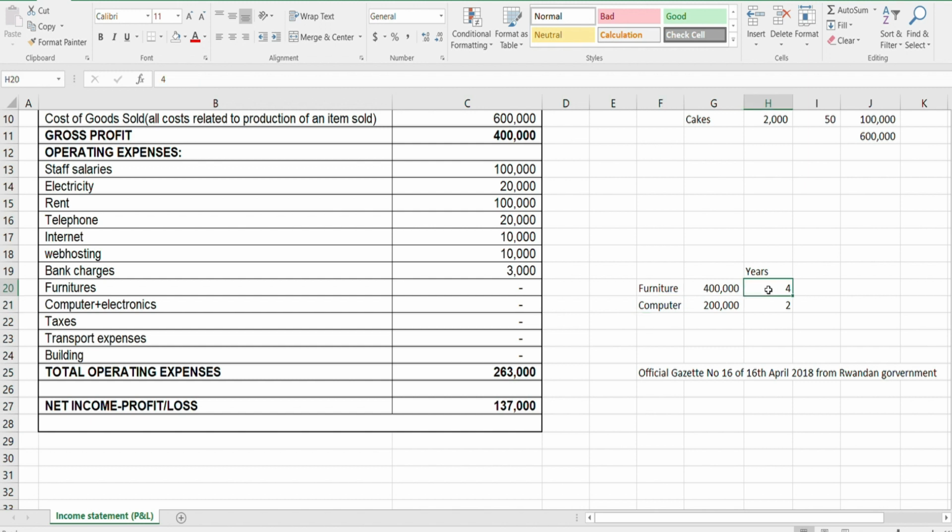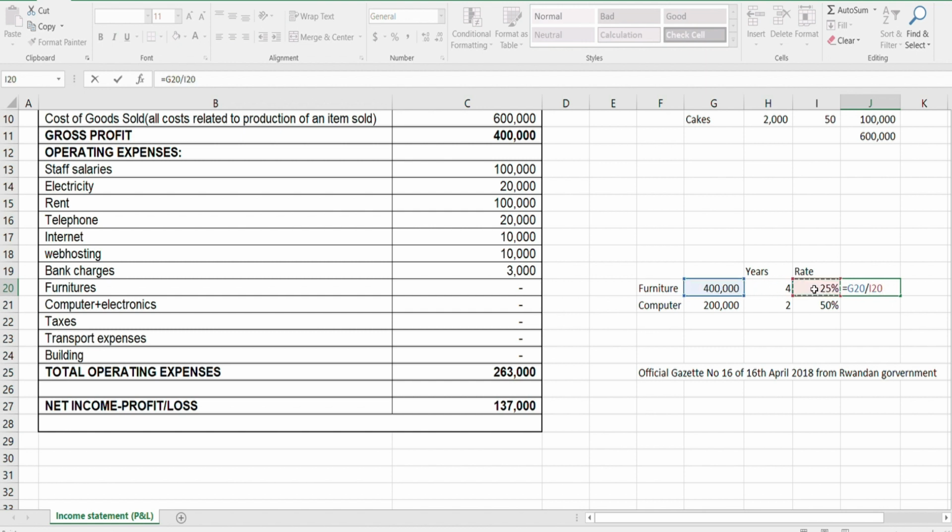So by saying that furniture has a duration of 4 years, it means the rate of those materials is 25%: 100% divided by 4. For the computer, of course, it's 50%. Those are the rates of depreciation each year. So every year this cost of 400,000 has to be reduced by 25% of its original cost.